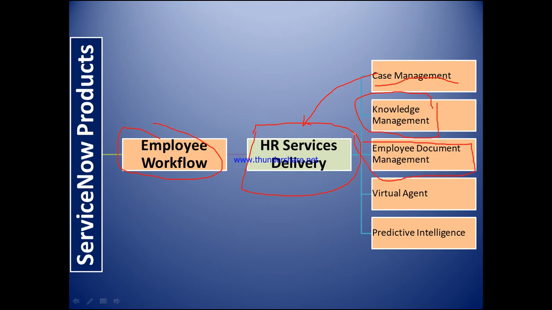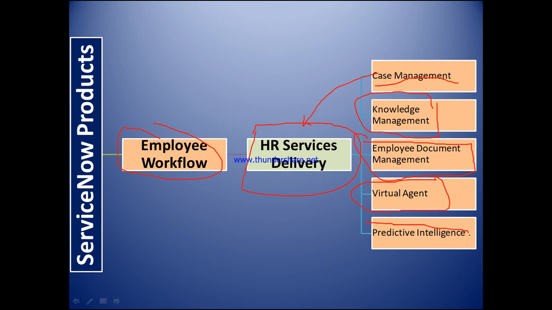Employee document management is basically to store all required documents of an employee, starting from their resume, their degrees, their mark sheets, their salary slips, their offer letters, everything can be put here. Then the virtual agent, which we picked up in the last section as well, helps resolve tickets from the chatbot perspective. You can tell the virtual agent that I'm facing some issue and ask if it can help me. It can search the knowledge articles or how things have been defined in the background, and pick up the information for him.